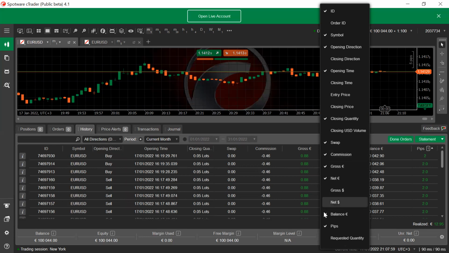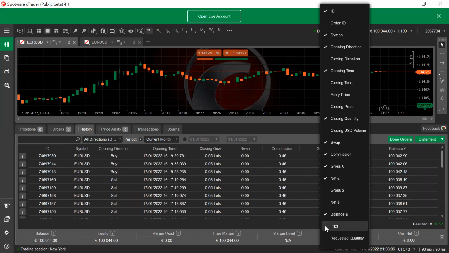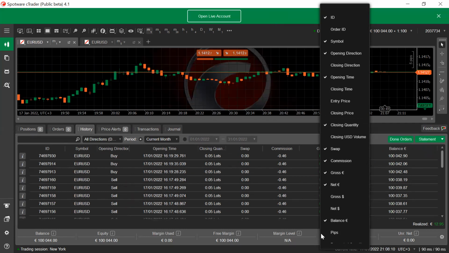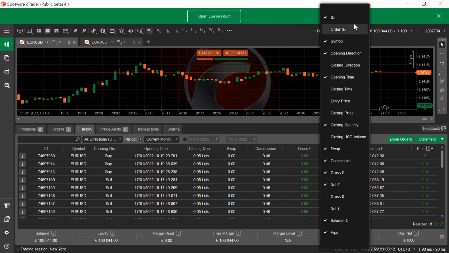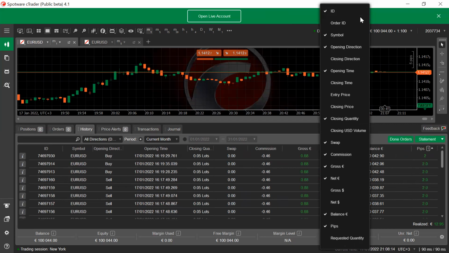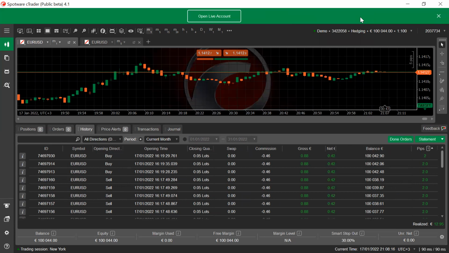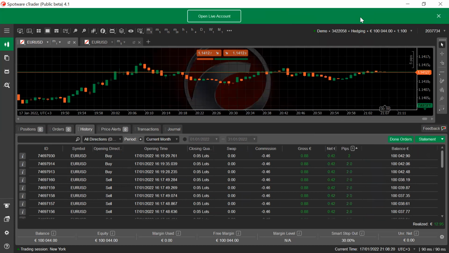So here, as you can see, all those things you ever want to see are there. This pips here, if I remove it, you see it disappears. But if I click on it, it'll appear, and I can even move it wherever I want it to be. I can say I don't want the pips to show there, I want it to show up right here.